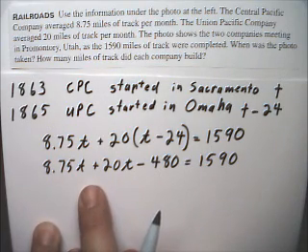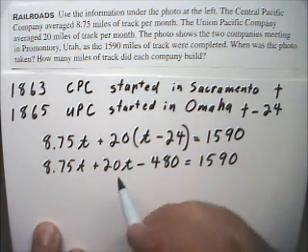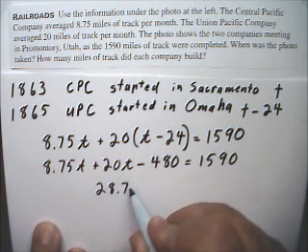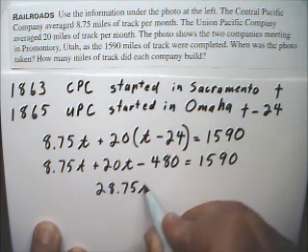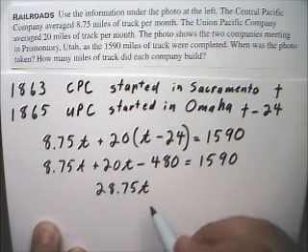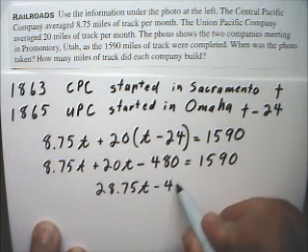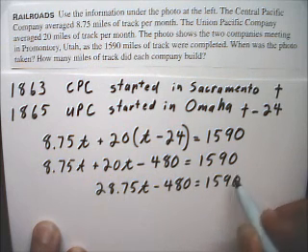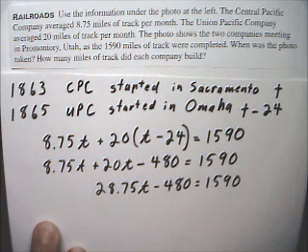So here 8.75 plus 20, that's 28.75 T minus 480 equals 1590. Now I'll subtract 480 from both sides. No, I'll add 480.